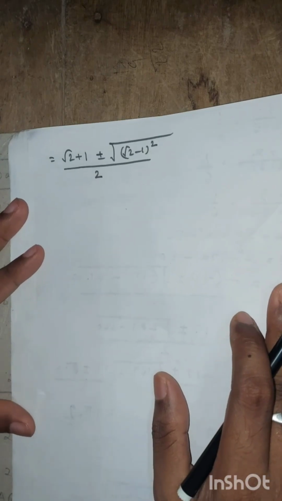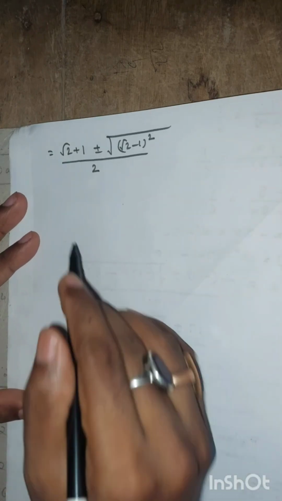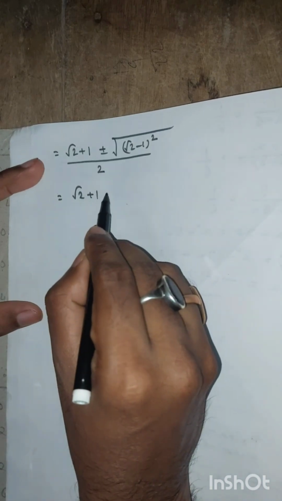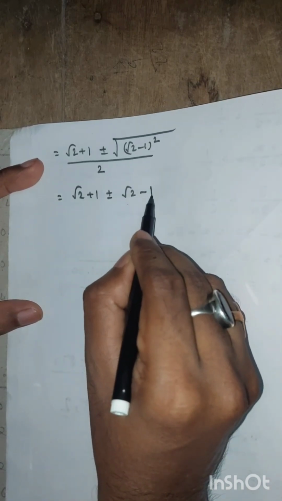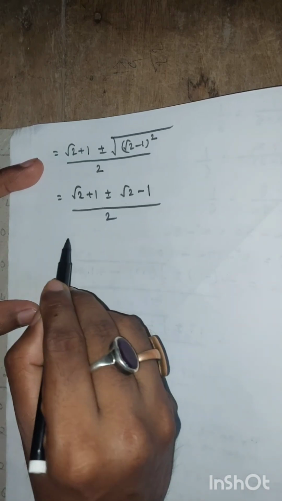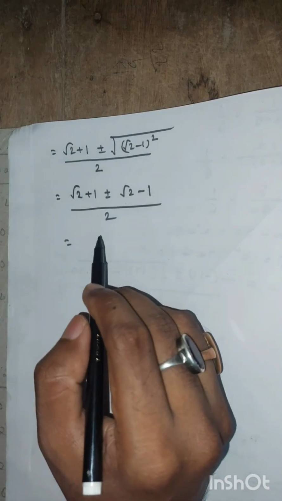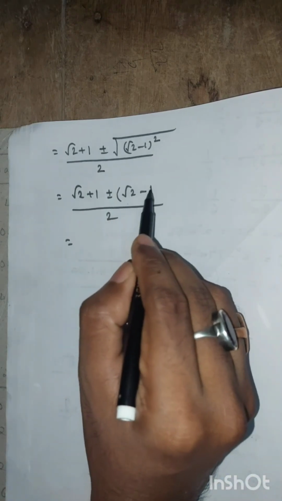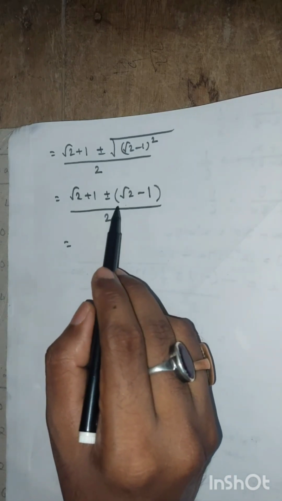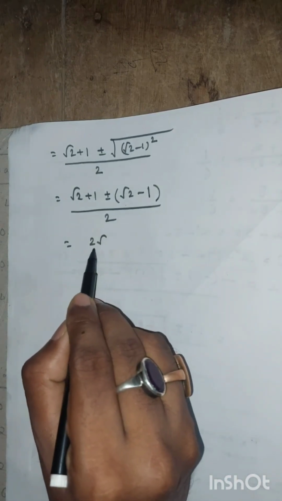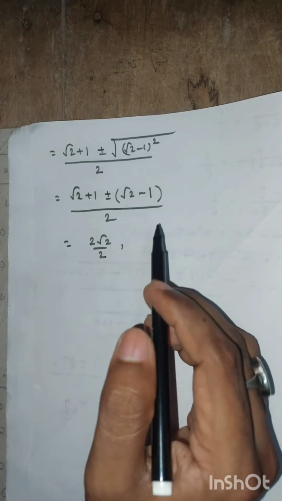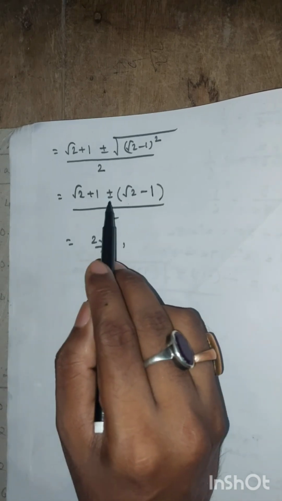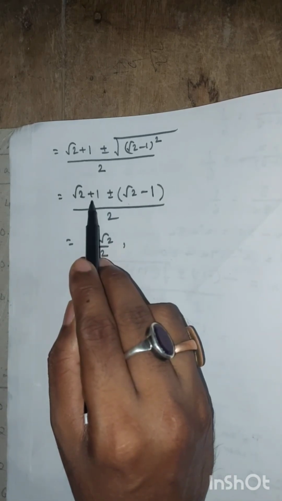Now if I take the positive plus, then minus 1 and plus 1 get cancelled, so it becomes 2 root 2 by 2.